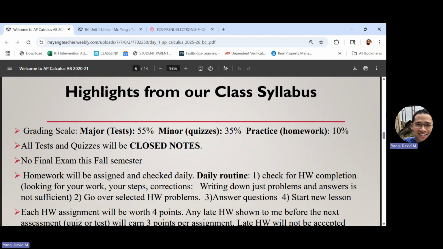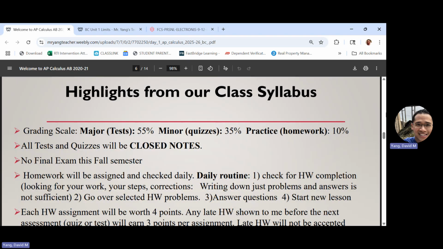We have a minimum of every 9 weeks, we have to do at least 2 majors, 2 minors, and 3 practice. Because they're so strict with that, I'm going to follow that. I'm really just trying to meet the minimum. Maybe second semester, we may have a few more quizzes, but in 9 weeks, just to get to that minimum, we just have to make sure that we can get there.